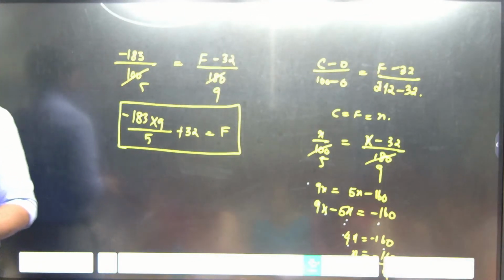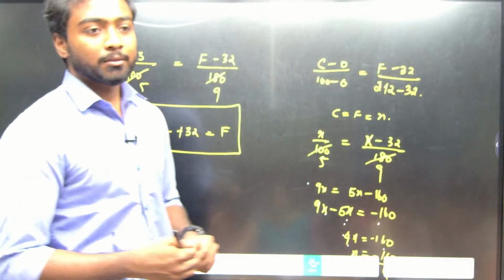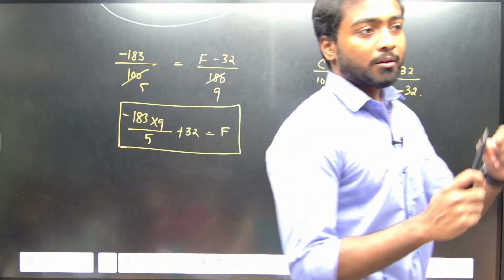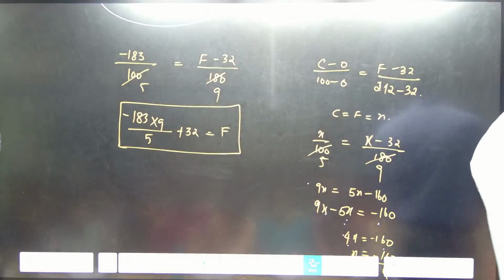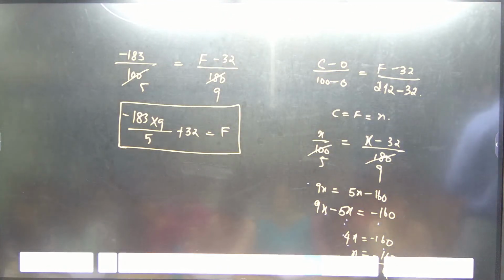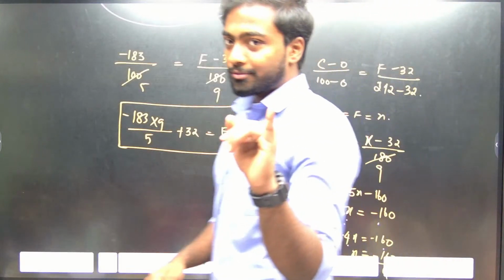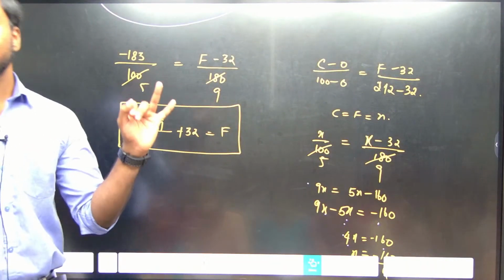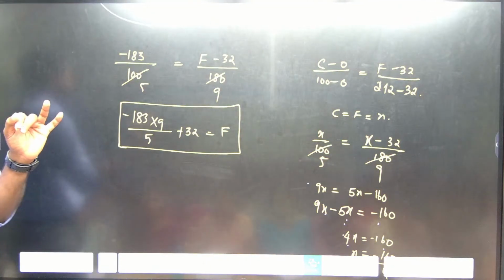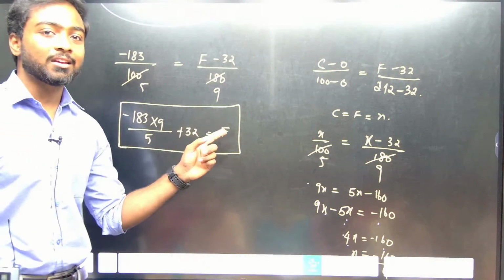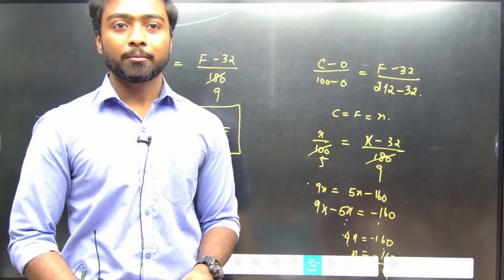Okay. So as we discussed, the scale divisions, no, Celsius having a division of 100, Fahrenheit 180, what about Kelvin? 100. Since Celsius and Kelvin both are having equal division, can I say 1 division in Celsius is equals to 1 division in Kelvin?